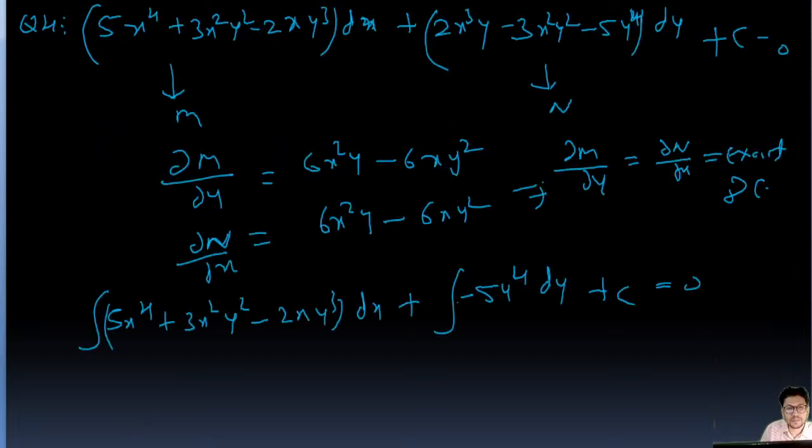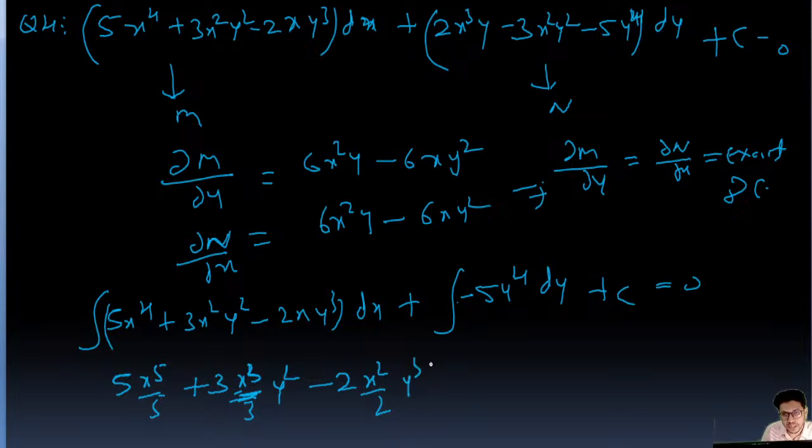Now we'll simplify it. This gives 5x^5 upon 5, plus 3x^3 upon 3 times y^2, treating y as a constant, plus 2x^2 upon 2 times y^3, minus 5y^5 upon 5, plus c equal to 0.